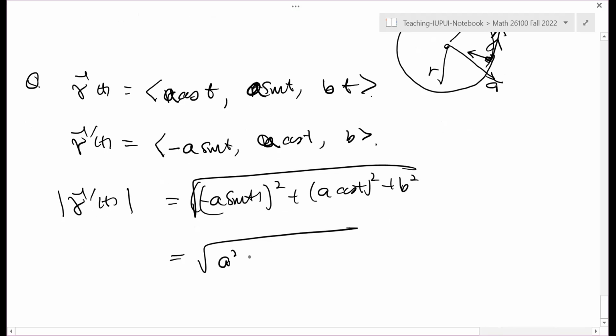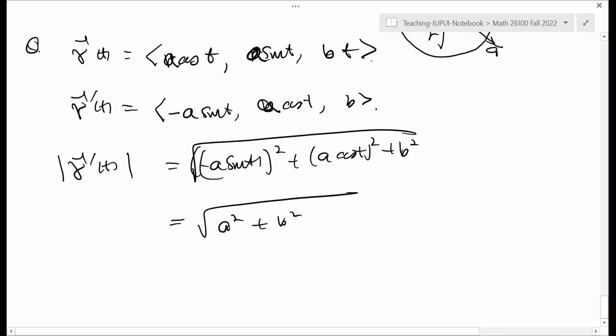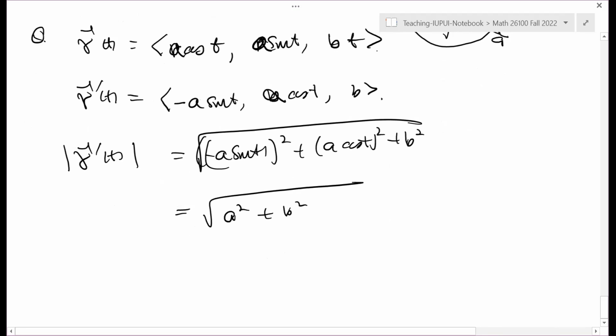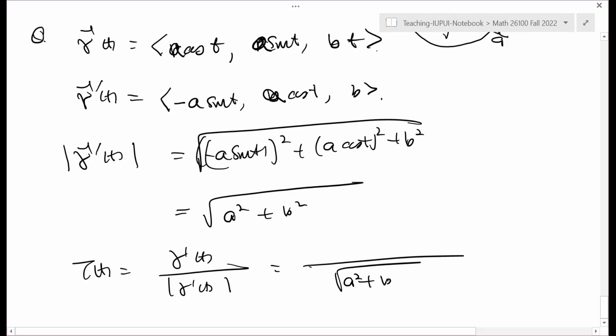So this can be A squared plus B squared. What am I going to do in order to get a unit tangent vector? It's going to be gamma prime of T normalized, so that is one over the square root of A squared plus B squared times negative A sine T, A cosine T, and B.